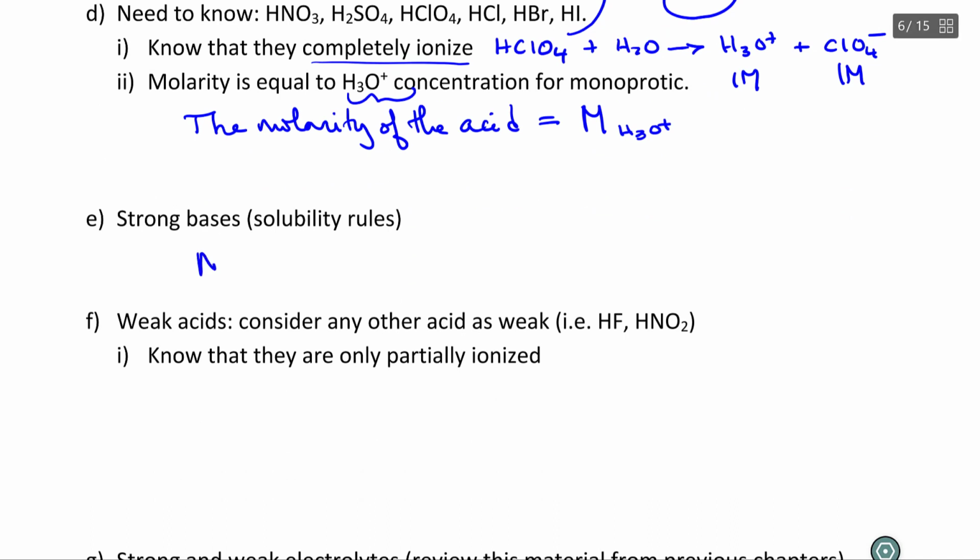So if you have sodium hydroxide, all sodium compounds are soluble, so it's aqueous as a result, and ionic compounds that are aqueous break into their ions, Na+ and OH-. So if you have a 1 molar sodium hydroxide solution, you actually have a 1 molar solution of hydroxide ions and a 1 molar solution of sodium ions floating around in the same solution. They completely ionize and separate from each other.